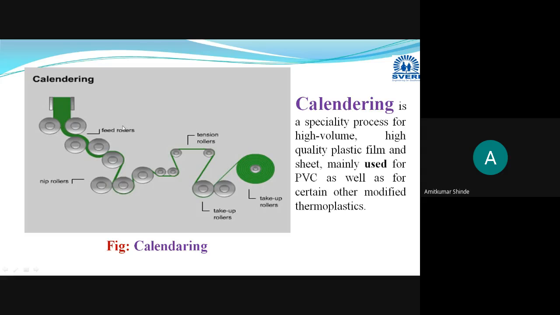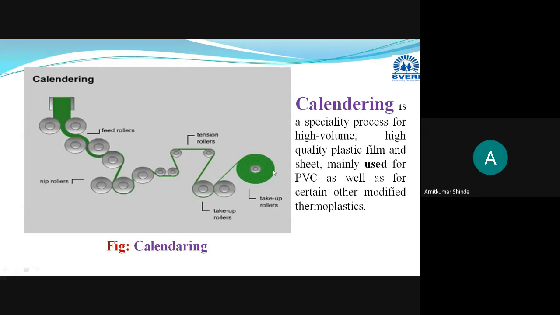Different rollers may be there, and at the end we end up with a thin plastic sheet of that material. This process we can conduct on thermoplastic materials like PVC or polyethylene, etc.